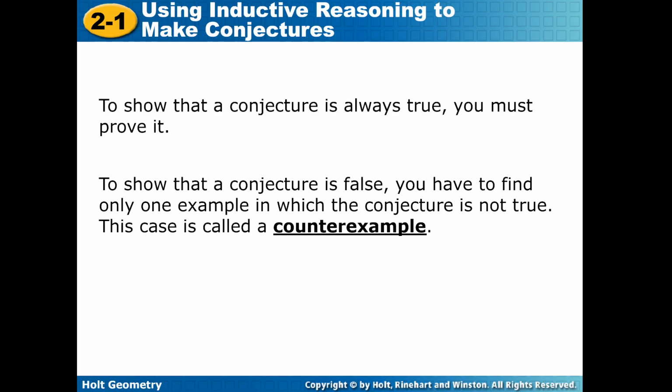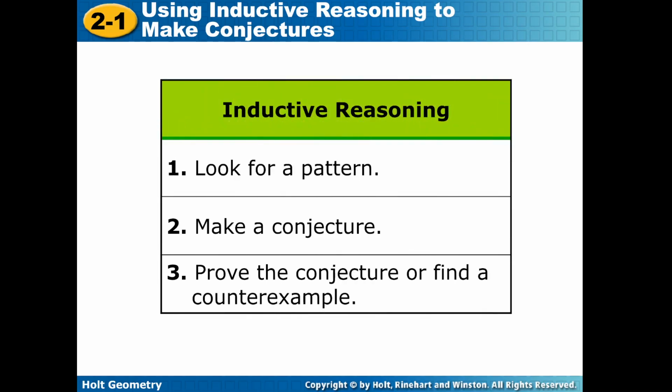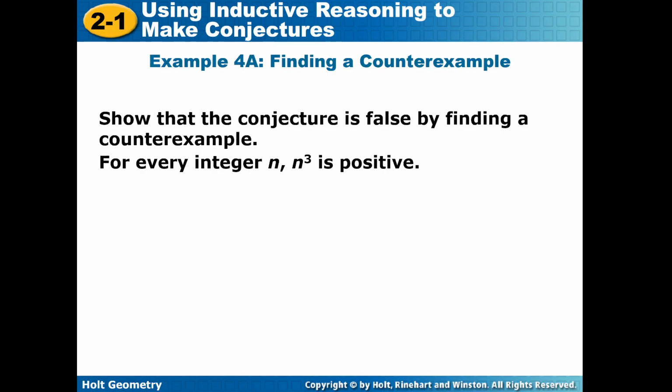This is called a counterexample, and a counterexample can be a statement, a drawing, or a number. So inductive reasoning: one, look for a pattern; two, make a conjecture; and three, prove the conjecture or find a counterexample.